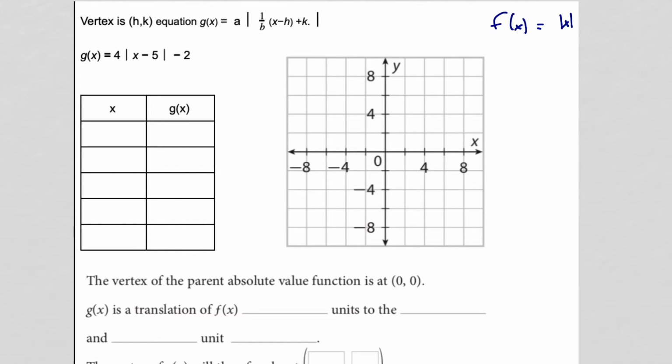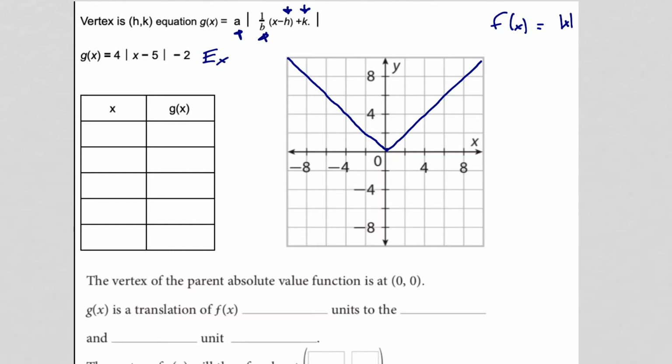I'm going to trace for you in purple our parent function. That's the graph you were looking at before. Now, I've given an example here, and let's plug in some values to see what happens, and then maybe we can make some conclusions about what k does, what h does, what a does, and maybe what b does.